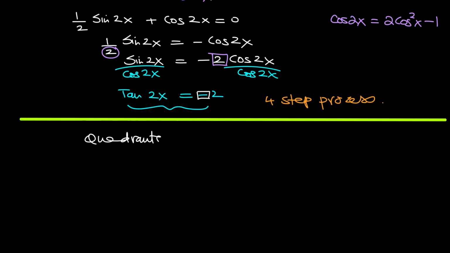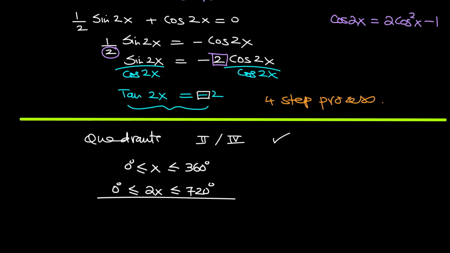Tangent is negative in the second and fourth quadrant. That is the first thing. The second thing is the modification of range. x lies between 0 and 360, so 2x lies between 0 and 720. So we will talk about 2 complete revolutions.